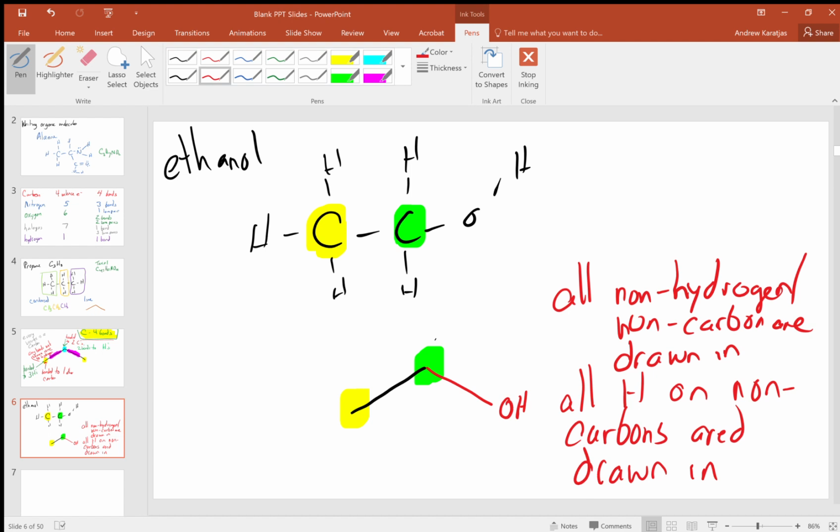So if you have a hydrogen that's on an oxygen, you have to draw that in as well. So now you should look at the exercise on line structures, and we'll come back and solve those in a few minutes.